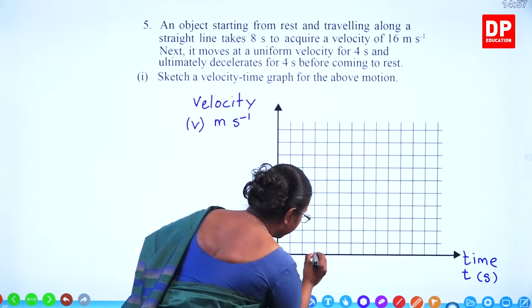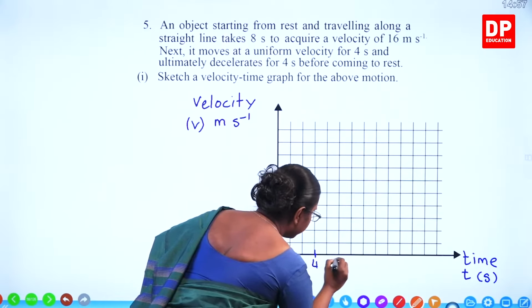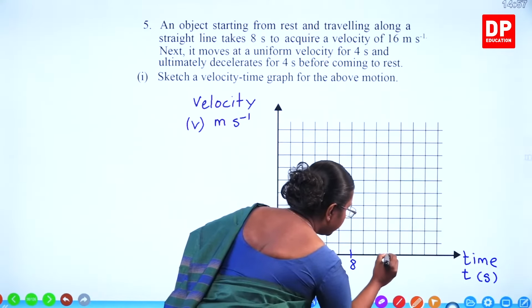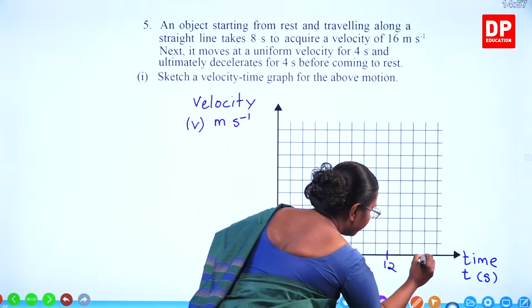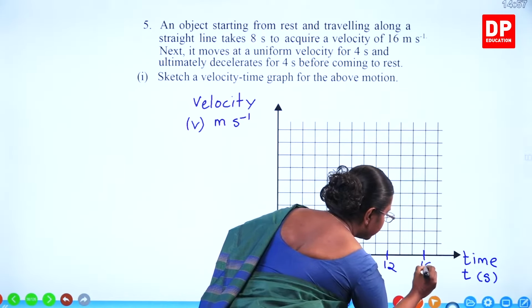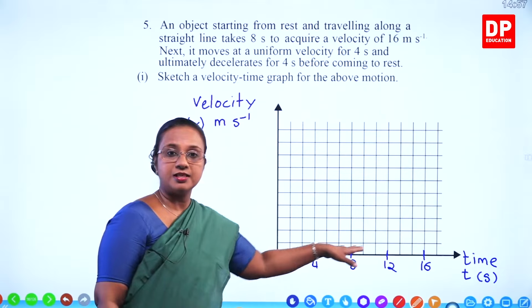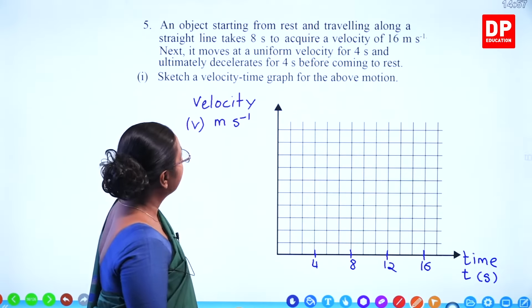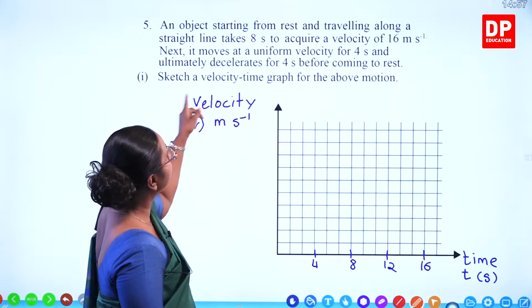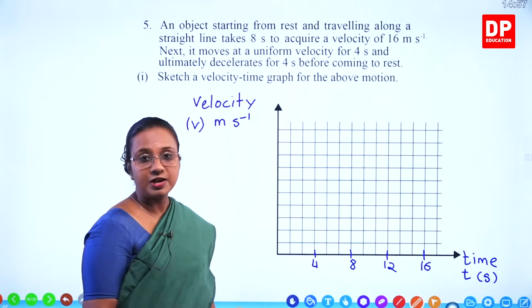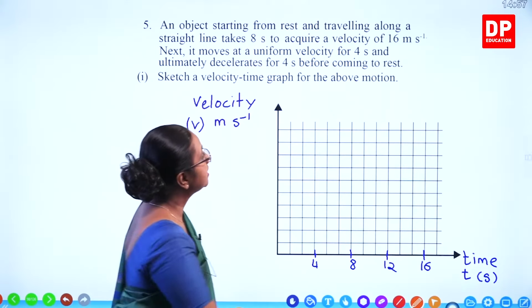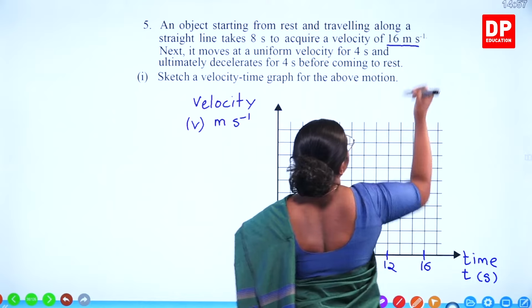So we can mark 3 squares, 4, 8, 12 and 16. Those are the time values that we need, and the maximum velocity acquired was 16 meters per second.